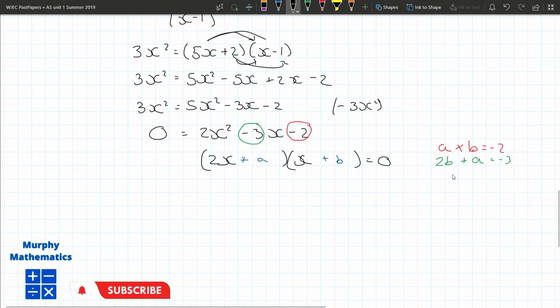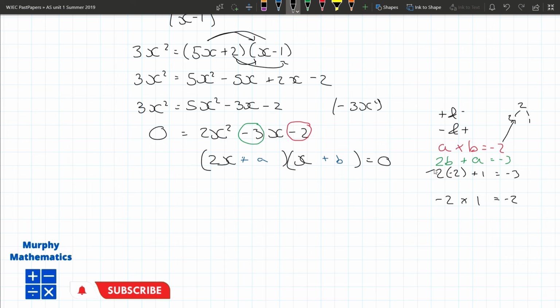Nice. Okay, so I know I'm going to have a negative and positive. So I'm thinking it's going to be 2 and 1, just because we're going to have factors of 2, and we know 2 is prime. So if I had 2 lots of minus 2 plus 1, that would give me minus 3. And then minus 2 times positive 1 will also give me minus 2. So I've satisfied both of these red and green equations.